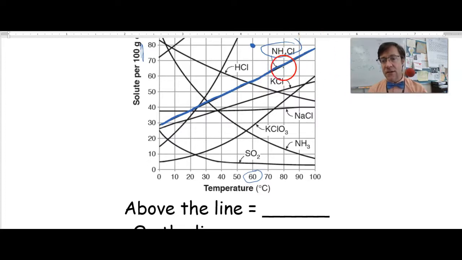Well, this line right here is the line of saturation, and it's supposed to only be able to dissolve, I don't know, what is that, 57? That's all it's supposed to be able to dissolve, but somehow it's at 80. So is that going to be saturated, unsaturated, or supersaturated?